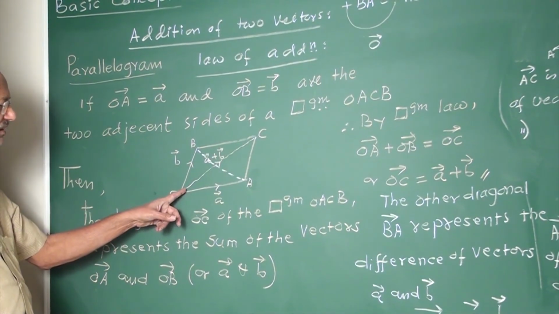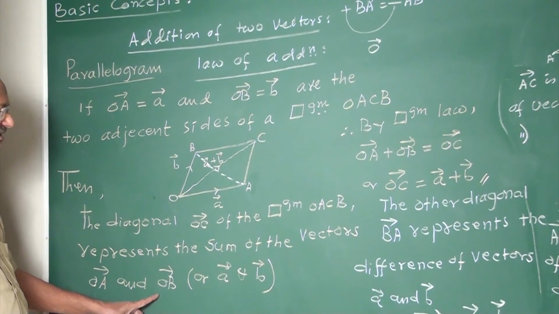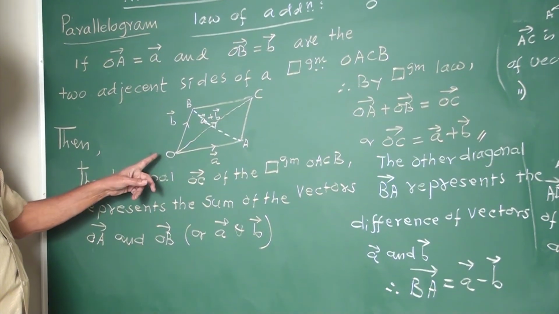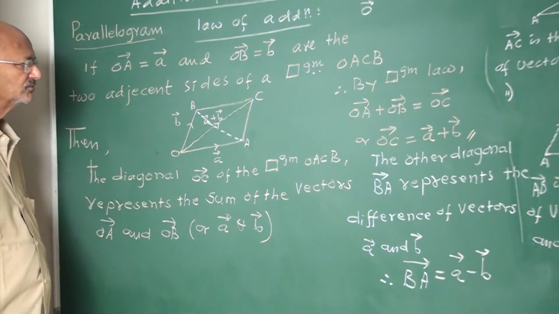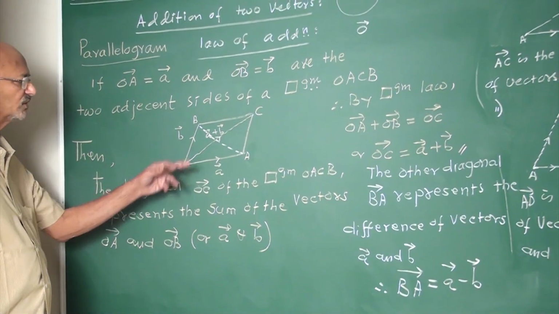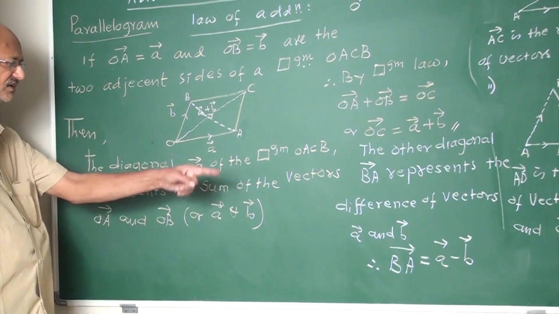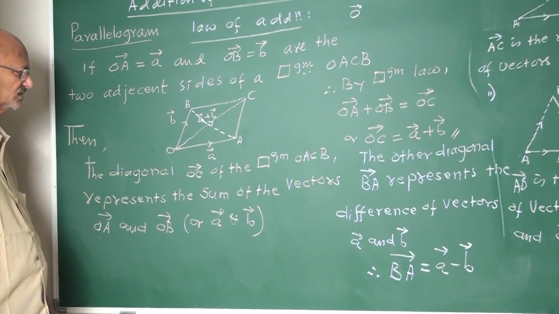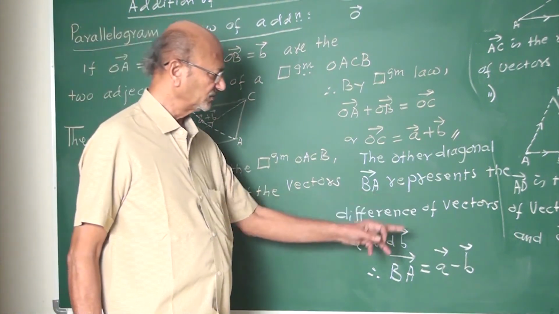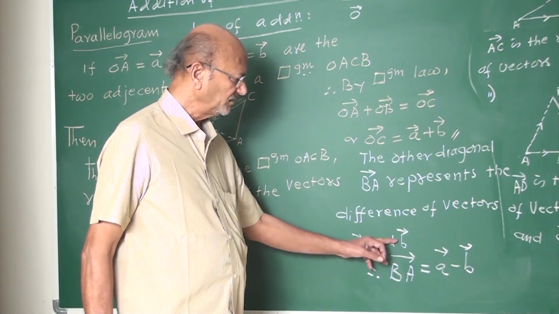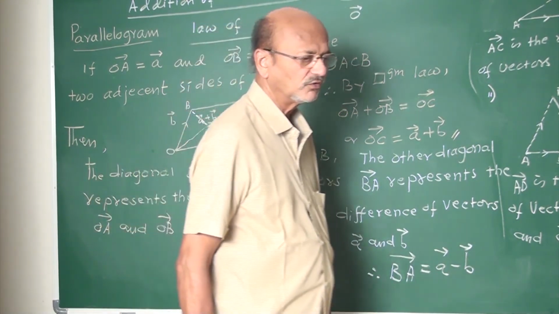Diagonal OC represents the sum of the vectors A and B. Therefore, by parallelogram law, OA plus OB is the diagonal OC, or OC equal to A plus B. Then, what is the other diagonal BA? It represents the difference of vectors A and B, that is very important. Difference of vectors A and B, you mean A minus B. This is known as parallelogram law of addition.